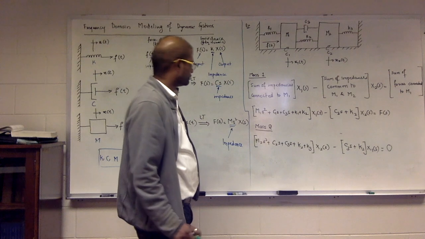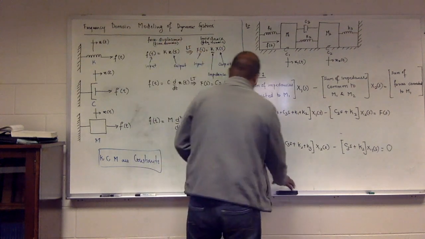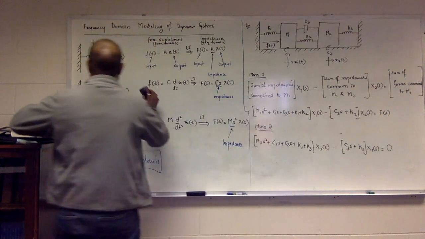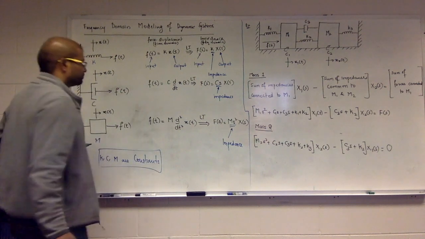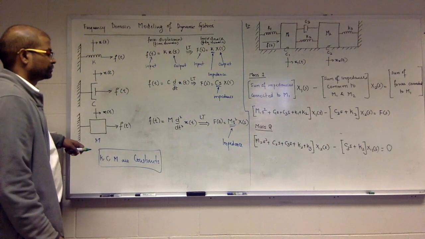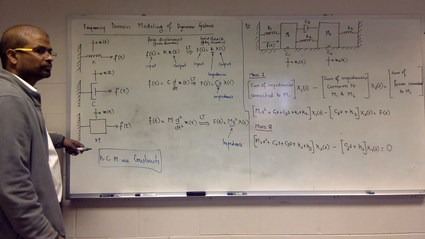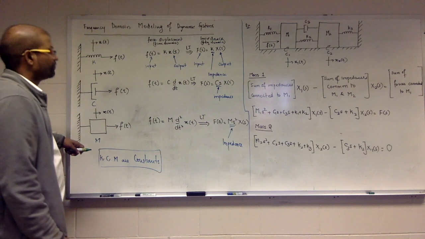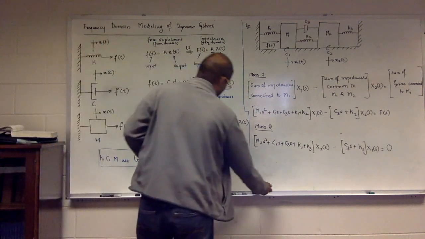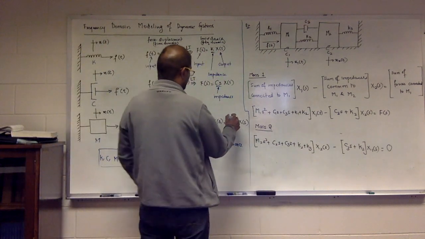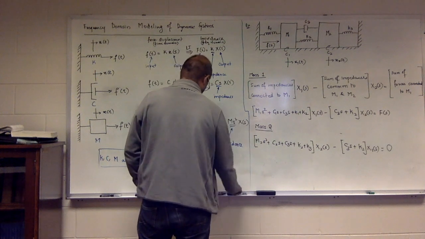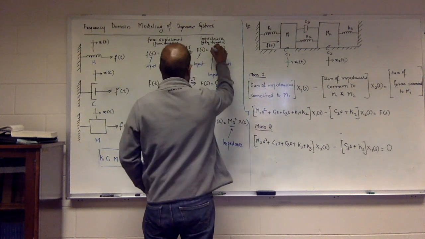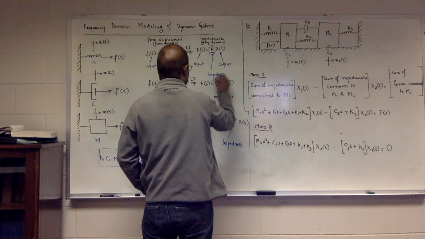Now I'm going to erase this. So you would do the Laplace transform to transform it from the time domain to the frequency domain, and then do this on the right. All you need to remember is these impedances. Impedances are in Laplace transform only.